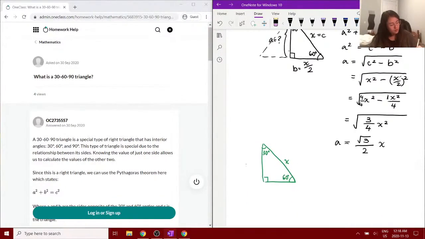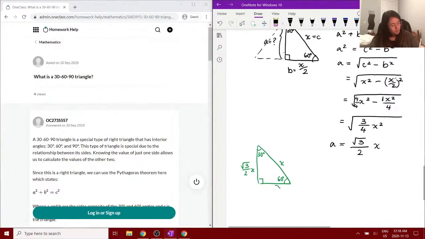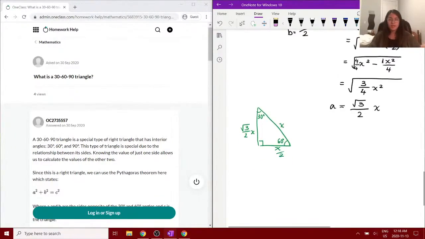A, we now found out that A is equal to root 3 over 2x, and the bottom length here, B, is equal to x over 2, which we knew before as well. Alright, and this is our special triangle.